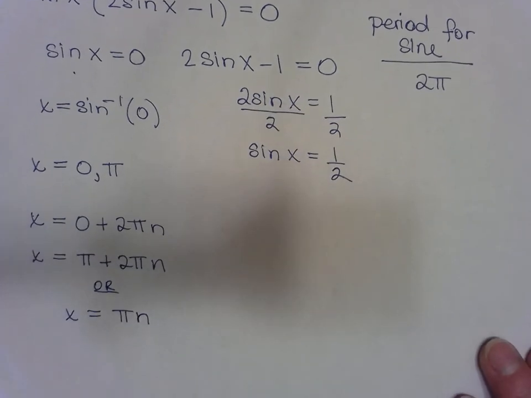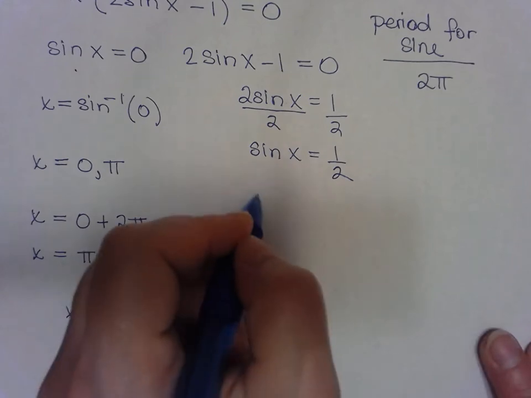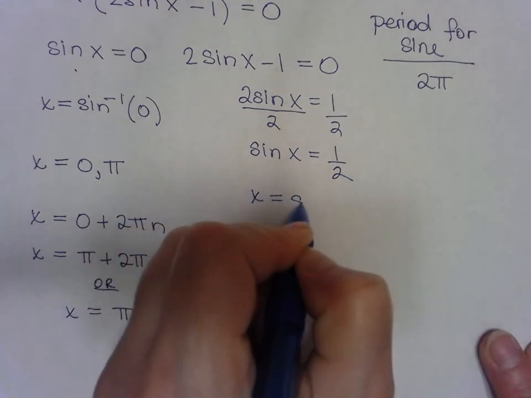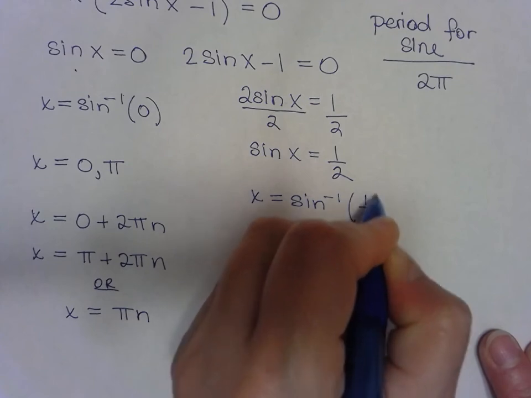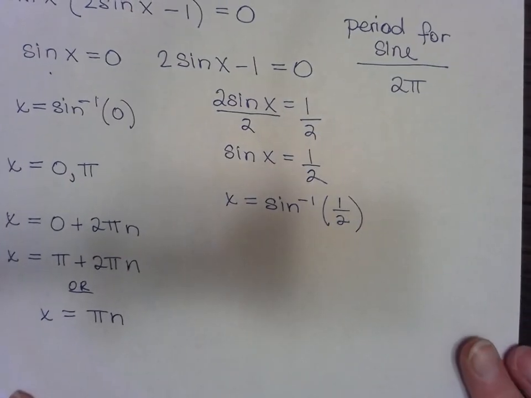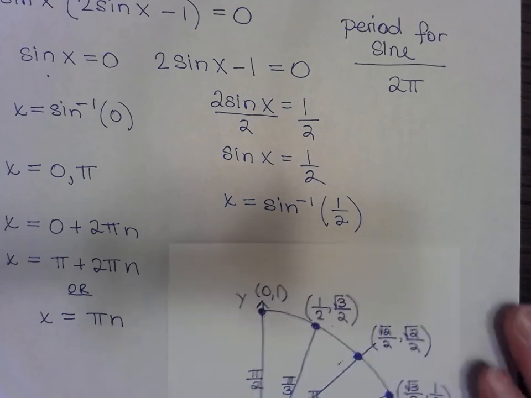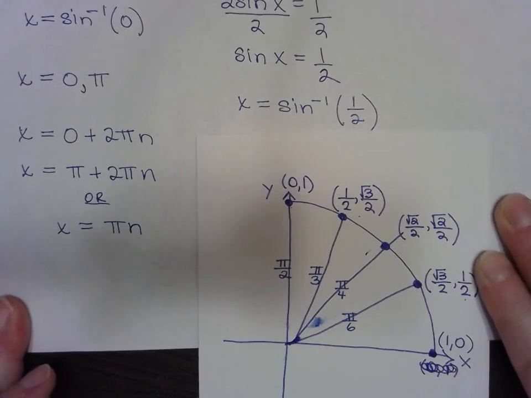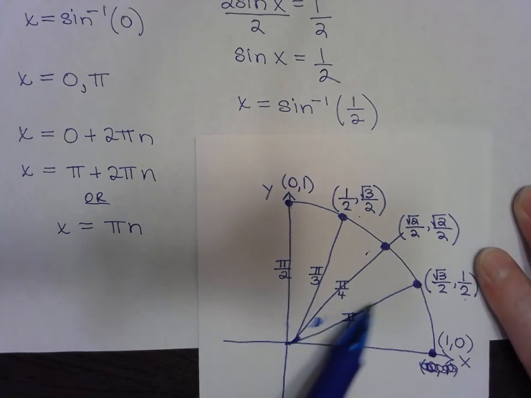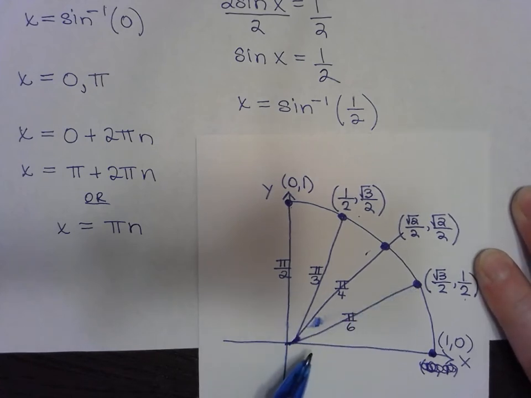Okay, let's do the same thing for the 1/2. So we have a y value of 1/2 when we're working with 30 degrees, or pi over 6.